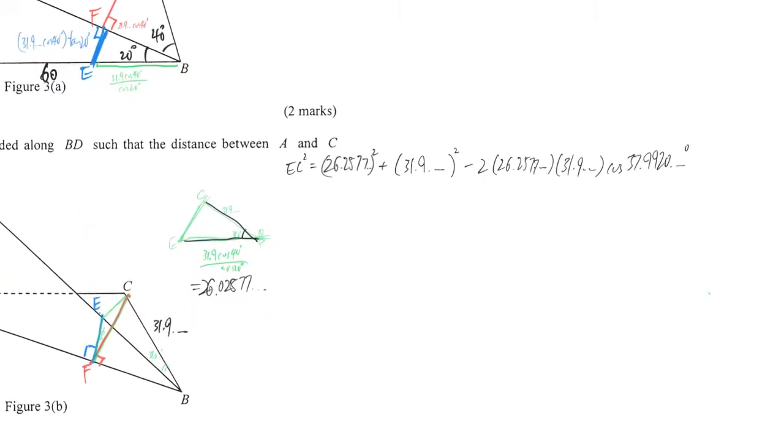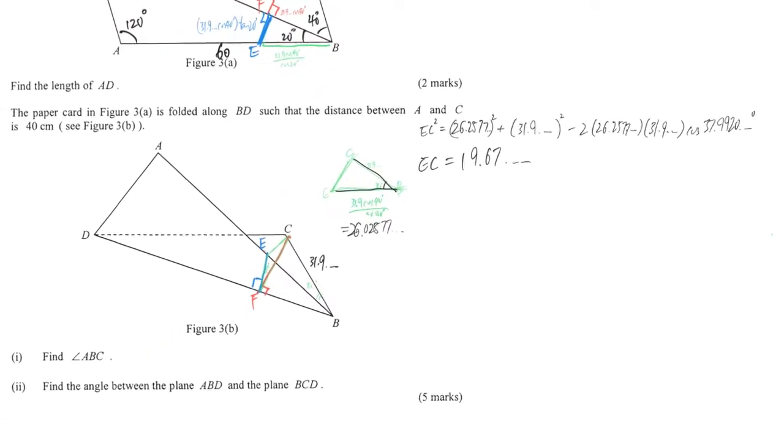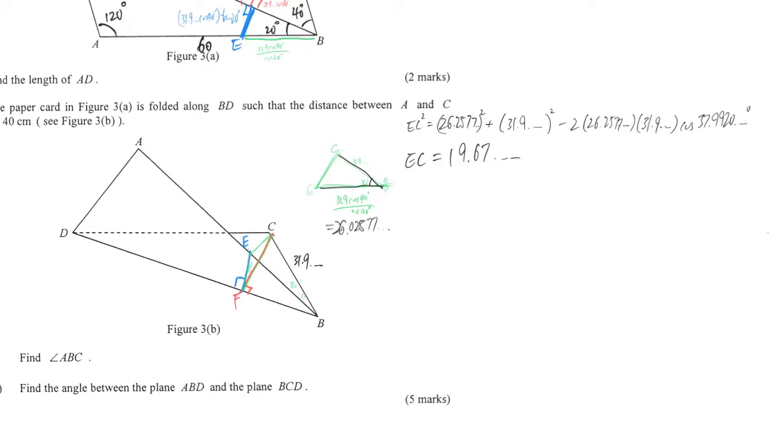So we get this cosine formula equation, and then we just solve for EC afterward. EC is around 19.67 something. So we already have three lines successfully: this line, this line and this line. Now we are going to finish the final step.